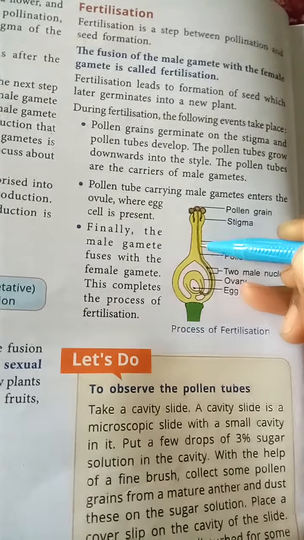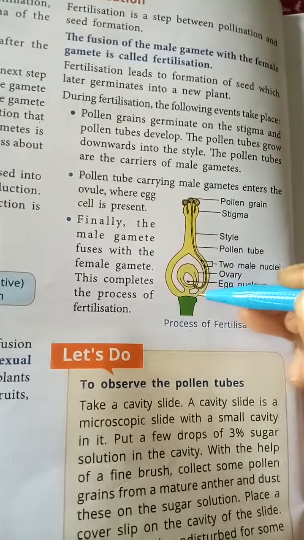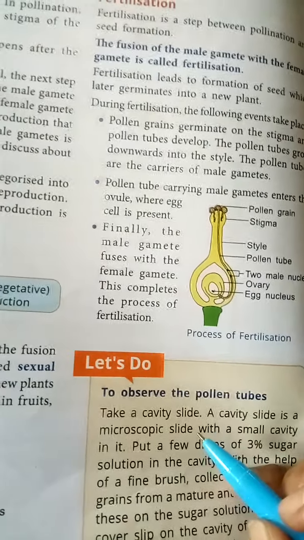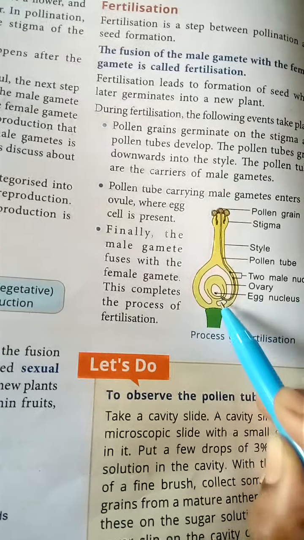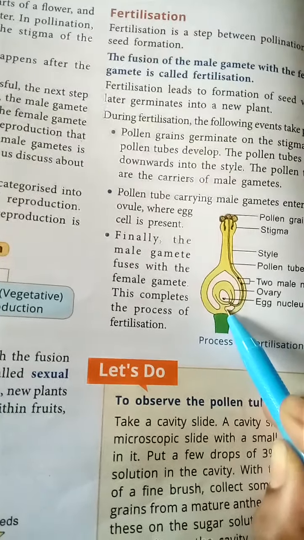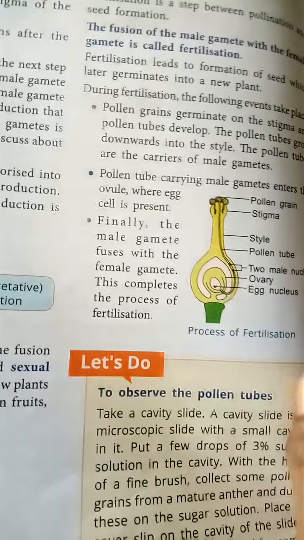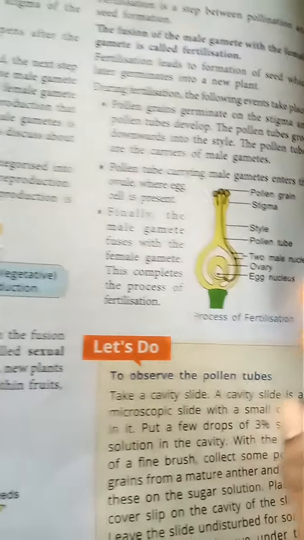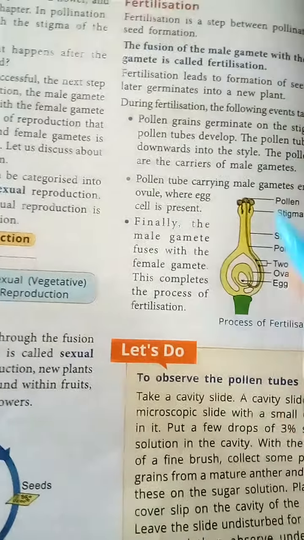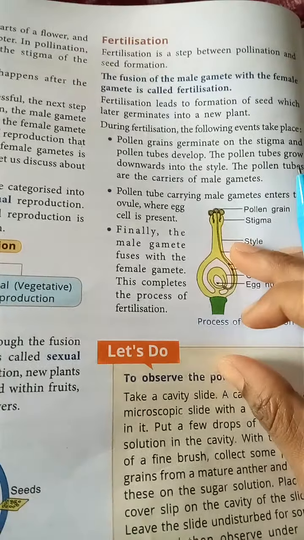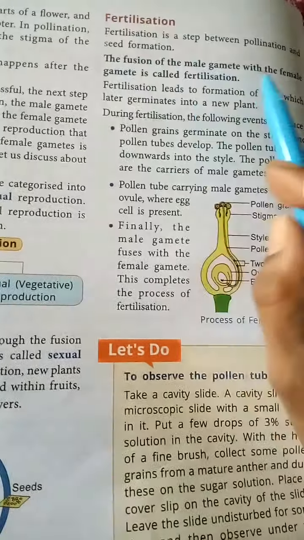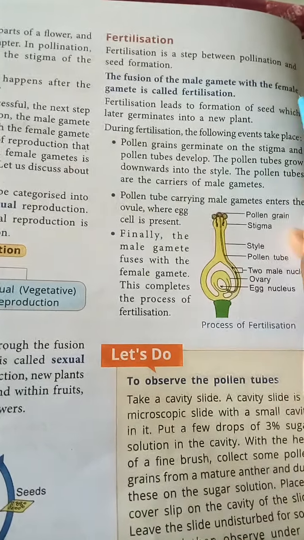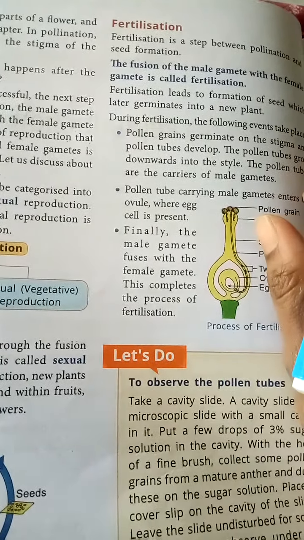Through this pollen tube the male gamete is carried toward the ovule, where the egg cell is present, and when the male gamete enters, it fuses with it and completes the fertilization. Okay, so this is the process of fertilization. Did you understand it? What do you mean by fertilization? Fusion of the male gamete with the female gamete is a simple definition of fertilization.